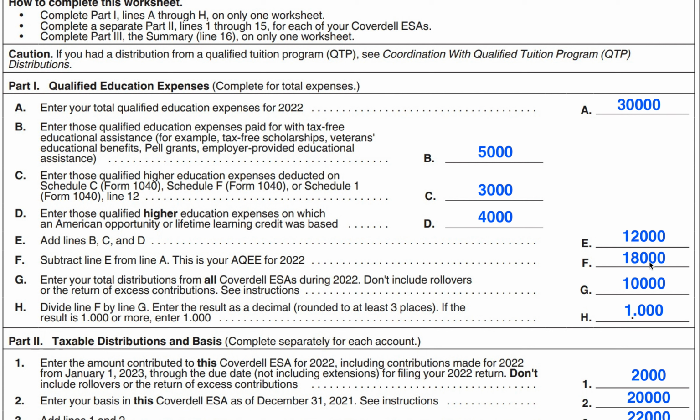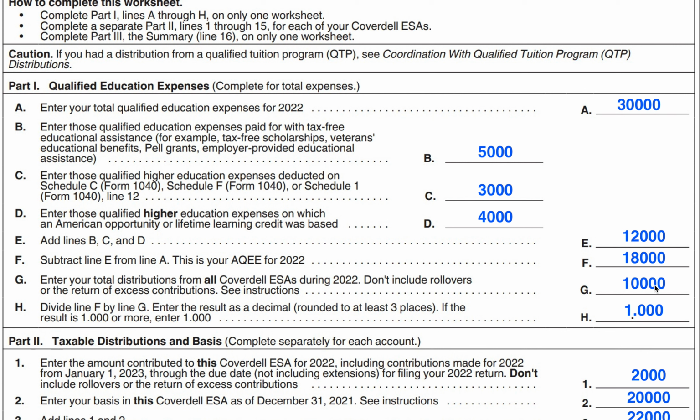So let's imagine that we took $10,000 from our Coverdell ESA. We wrote a check for the remaining $8,000. So now this does not include rollovers or the return of excess contributions. You'll have to dig deeper into Publication 970 for specific guidance on those scenarios.